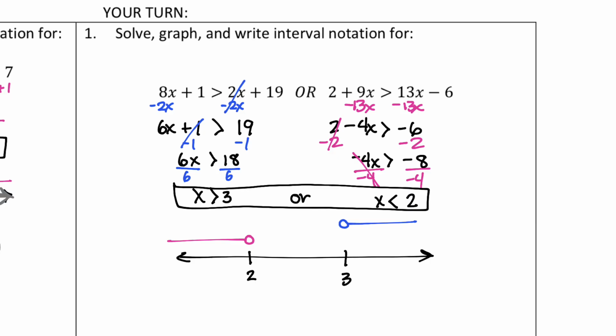Because it's an "or," we're going to take both of those down onto the number line, because "or" means everything. Open circle here goes to the left, open circle here goes to the right.